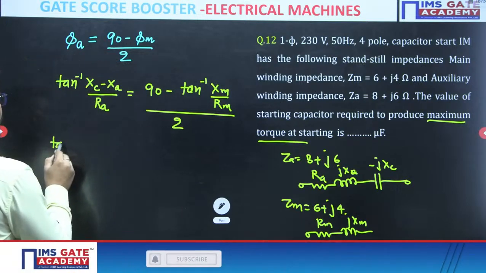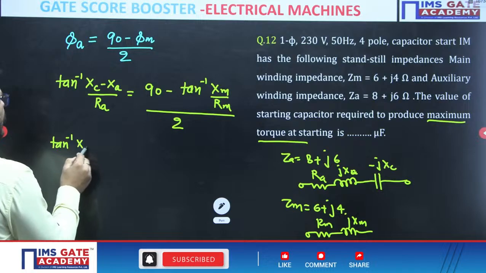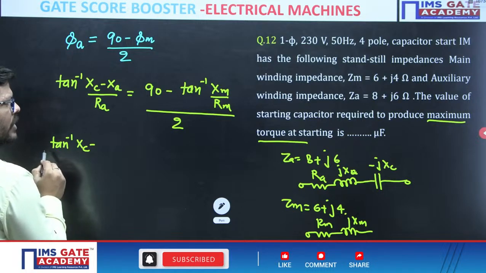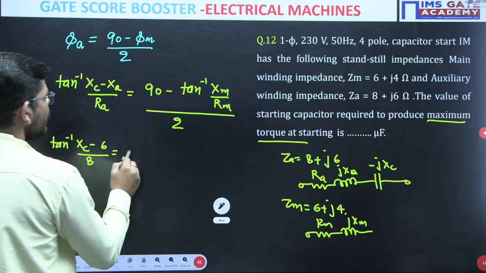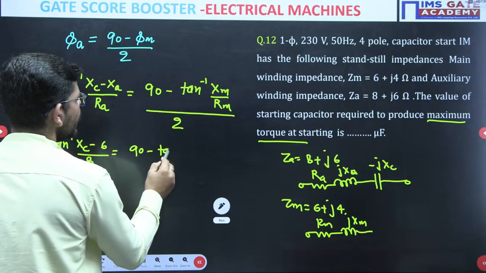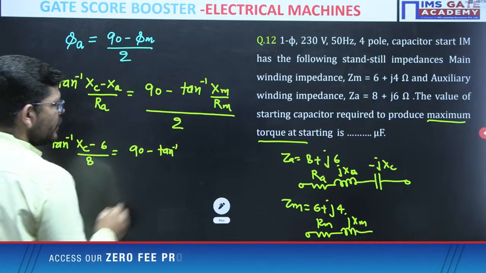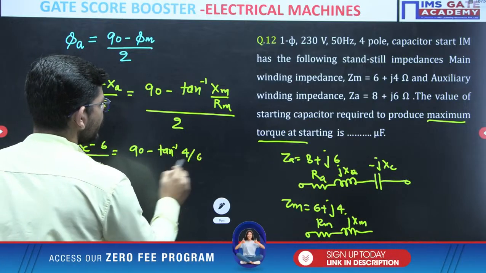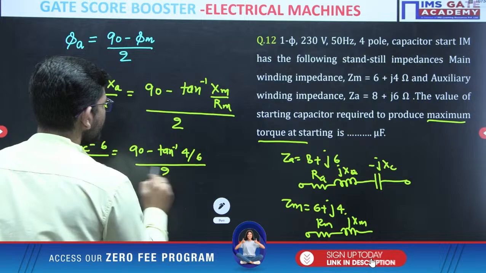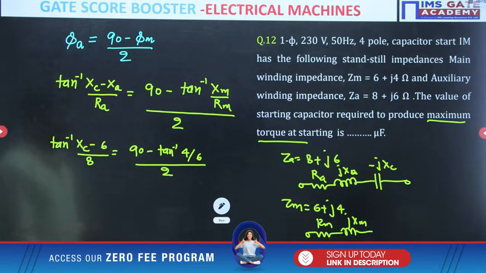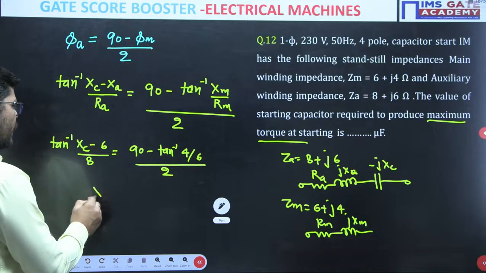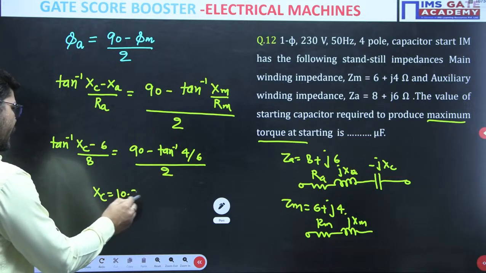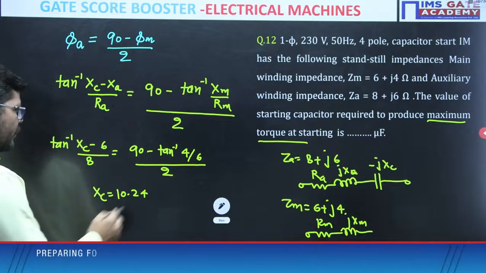Now XC we don't know, XA is 6, RA is 8, and 90 minus tan inverse of Xm is 4 and Rm is 6, divided by 2, right? If you solve this equation for XC, then XC will be 10.24, that I am getting.